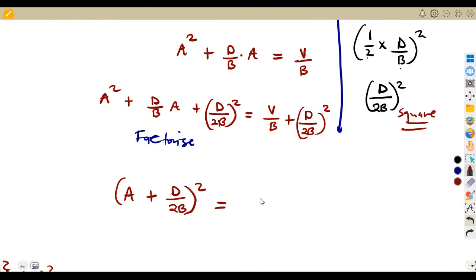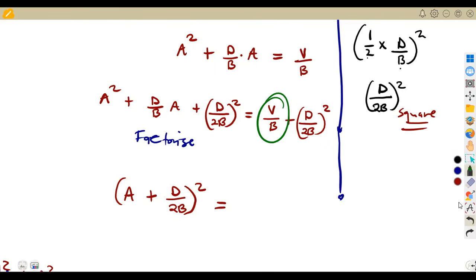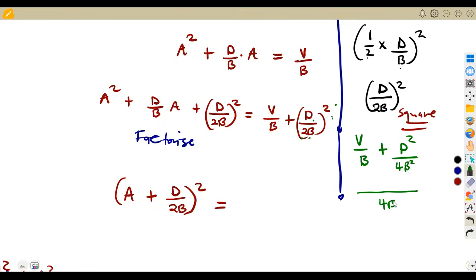So let us just simplify this aside and see what we're going to have, guys. If we square this, let's take this as it is, v over b plus, let's square this, d squared over 2 squared, which is 4b squared. So remember there we are supposed to consider the LCM so that we add, which is 4b squared.